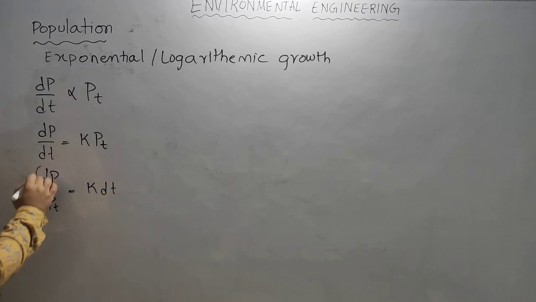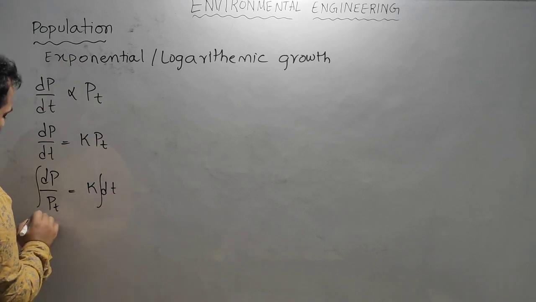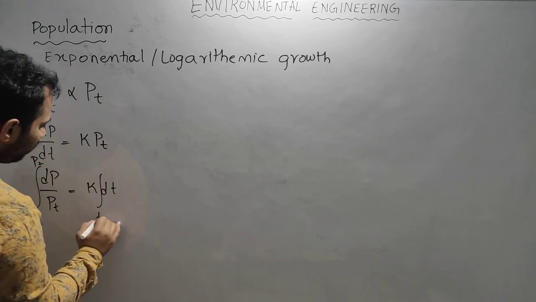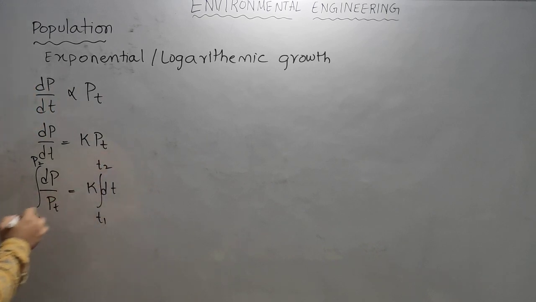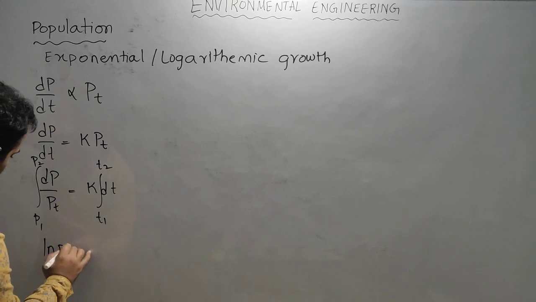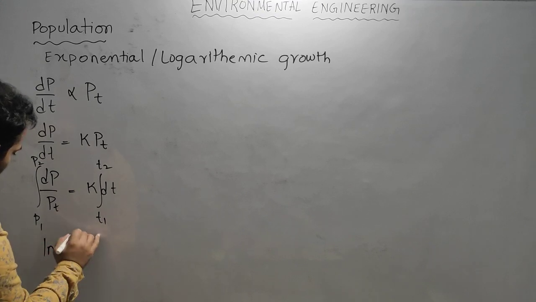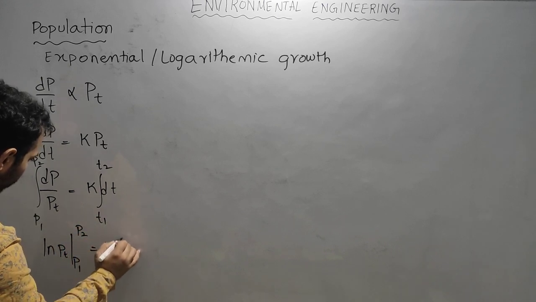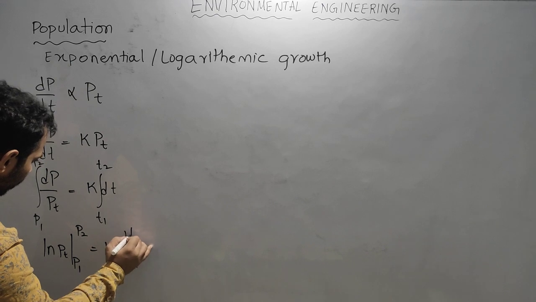Integrating it on either side, keeping the limits of P1 to P2, and the time t1 to t2, it is ln P with limits P1 and P2, and k into t with limits t1 and t2.